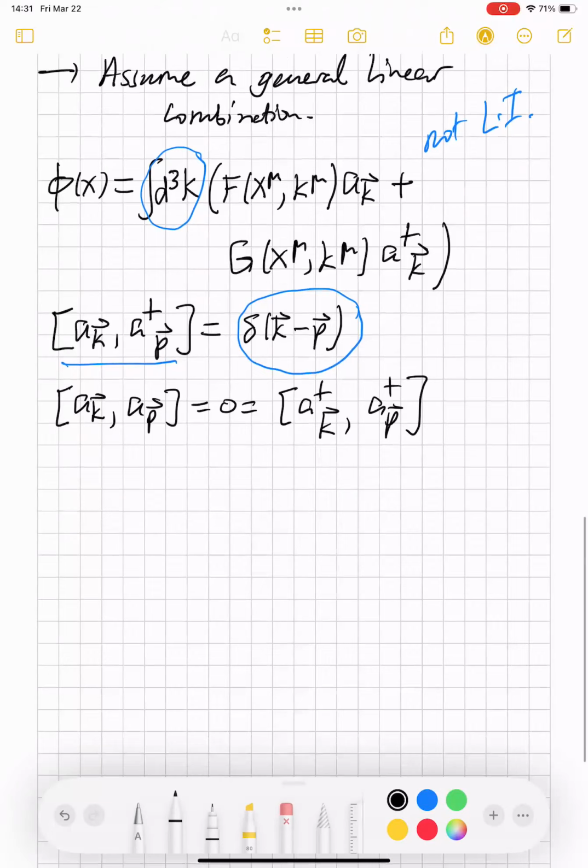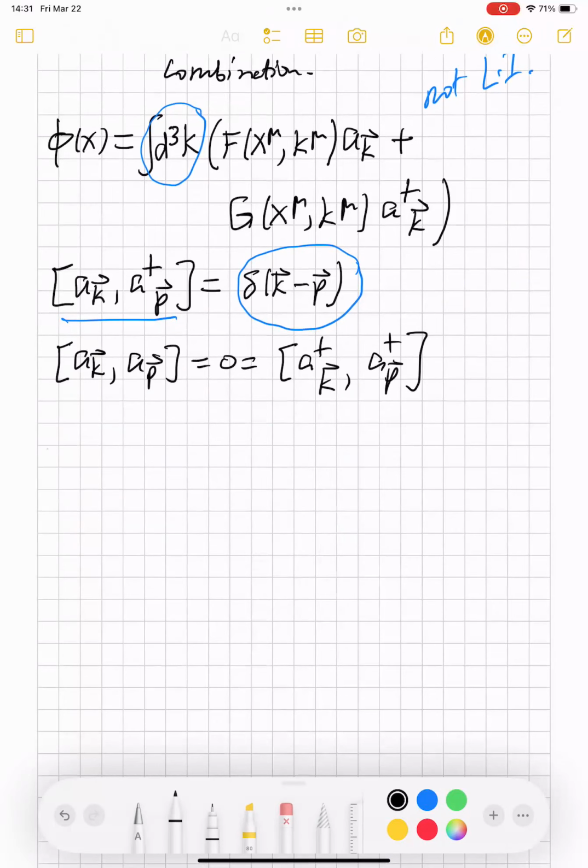So the first thing that we're going to do is we're going to say, well, let's write phi of x as an integral of d3k over (2 pi) cubed. That's just a constant. Again, I'm putting that in so that our Feynman rules come out in a very simple way. And we'll have 2 omega k.